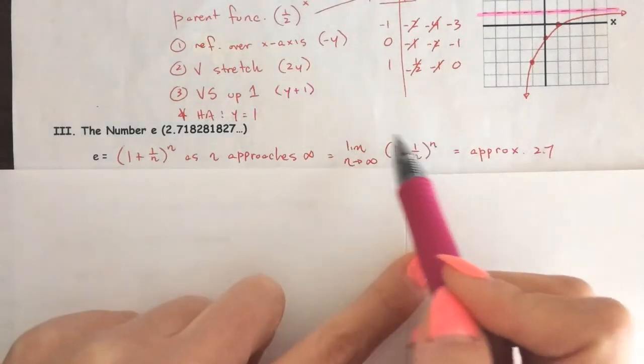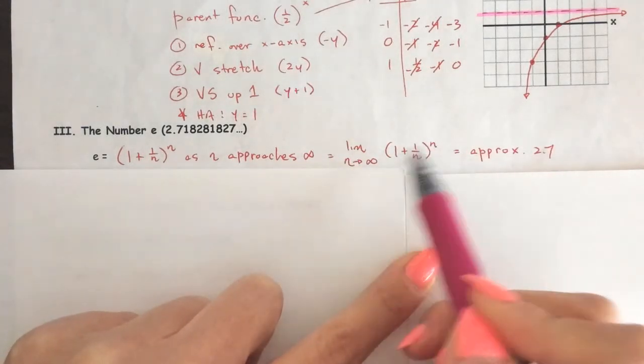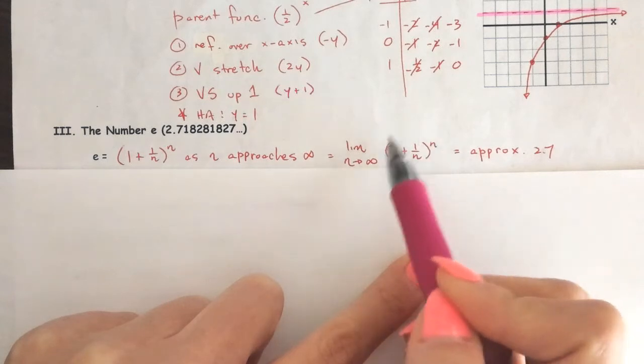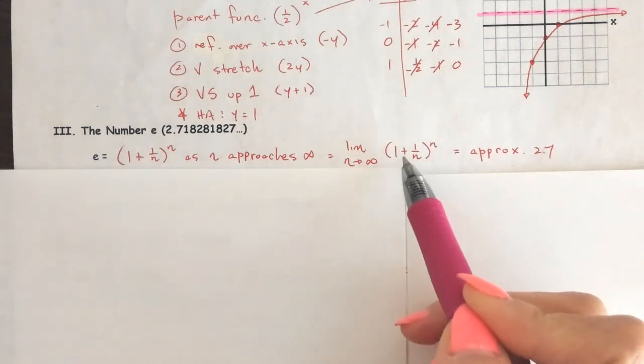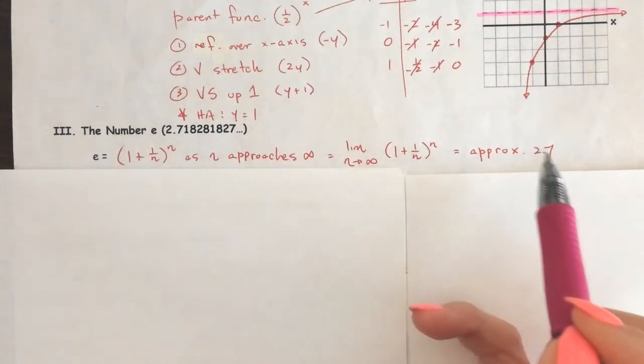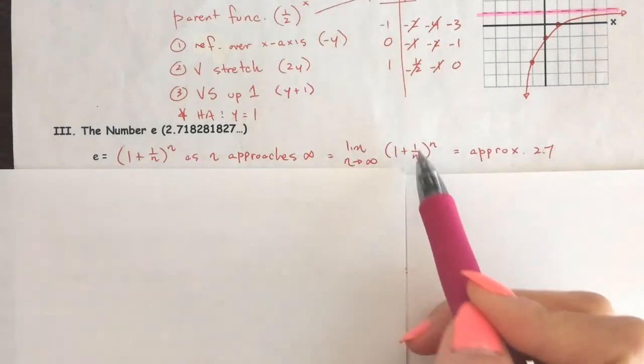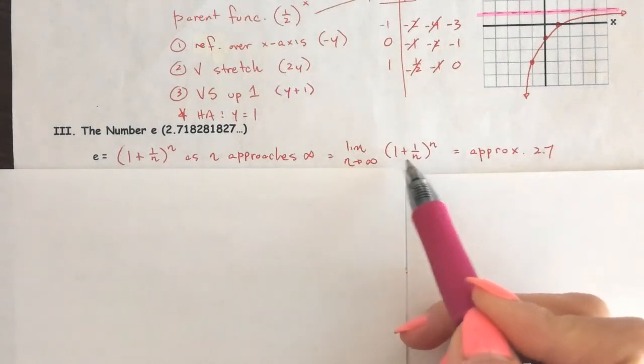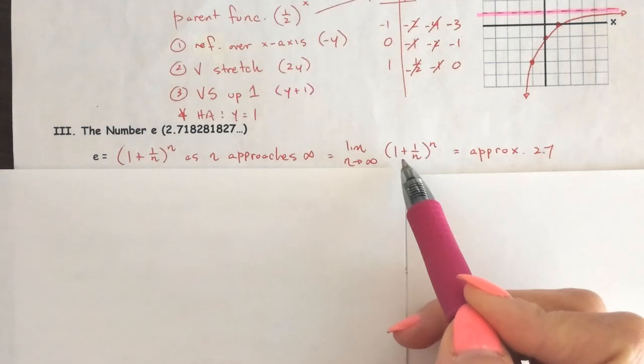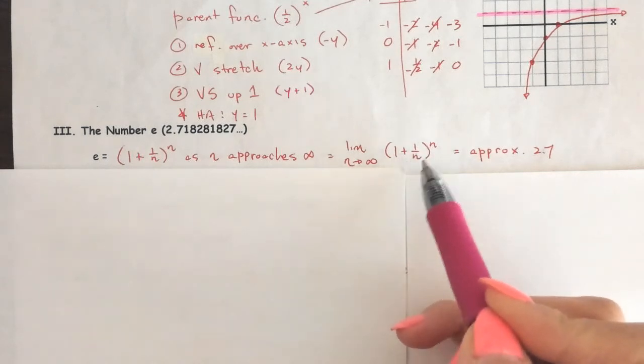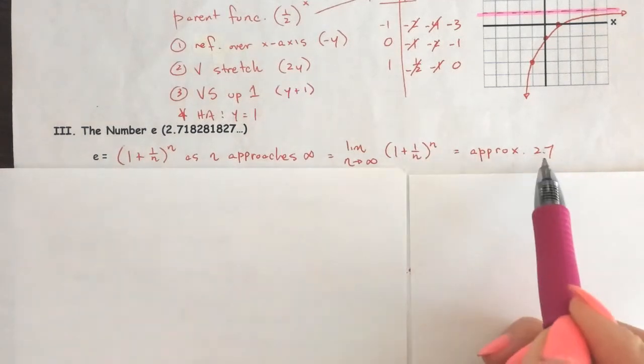So this is what it looks like. As n approaches infinity, what does this equal? Basically, if I plugged in a 10 and a 10, I wouldn't be very close to this. But if I plugged in 100 and 100 and put that into my calculator, so 1 plus 1 over 100 to the power of 100, I would get pretty close to 2.7.